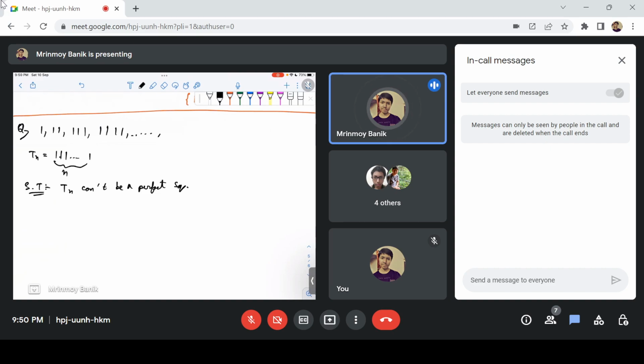So any idea how to proceed? You see perfect squares. That's what we have been talking about for the last 15 minutes or so.